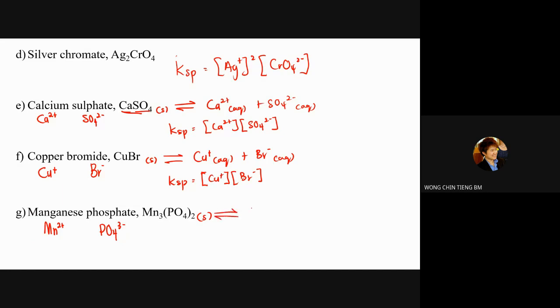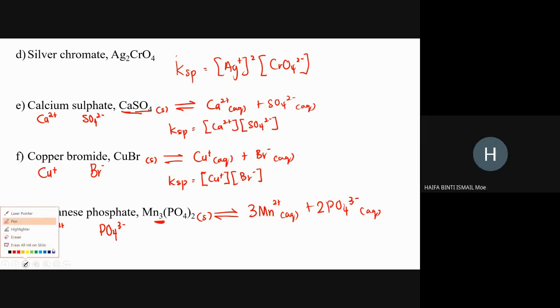Okay. Therefore, you have 3 manganese, 2 plus. 3. Balance the equation. Phosphate, PO4 3 minus. Berapa biji? 2 biji. That will give rise to Haifa. Haifa, are you there? Yes, madam.